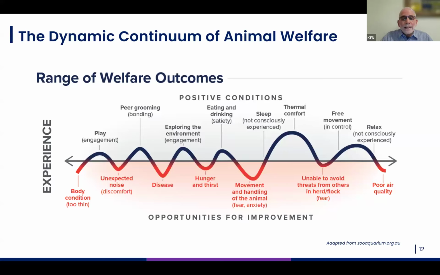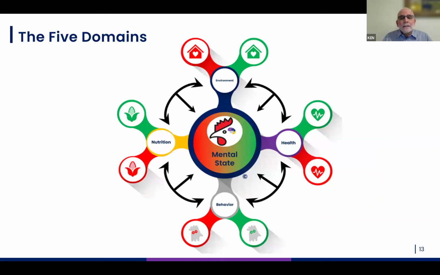And so with that explanation, I think you can understand again that it's practical, it's actionable because it's looking for opportunities for improvement, it's dynamic, and these domains are again interrelated. They all influence the other.